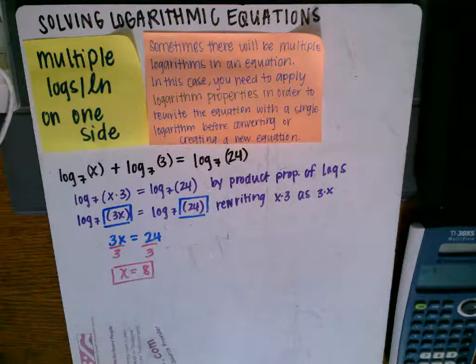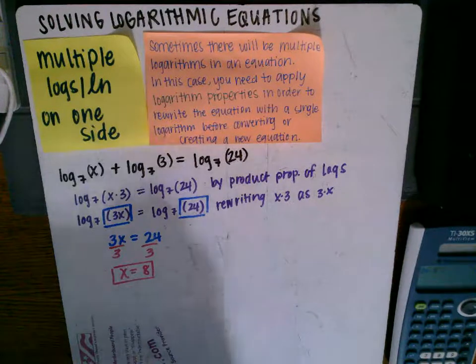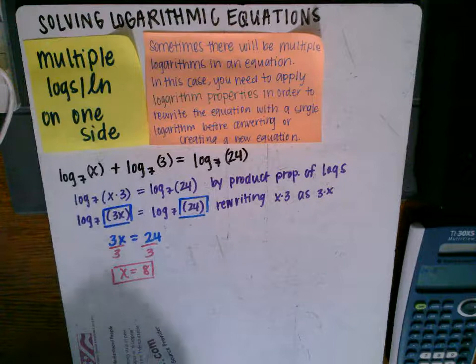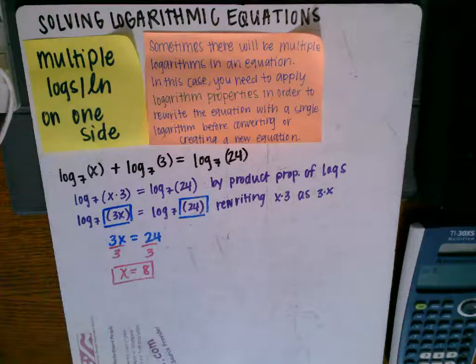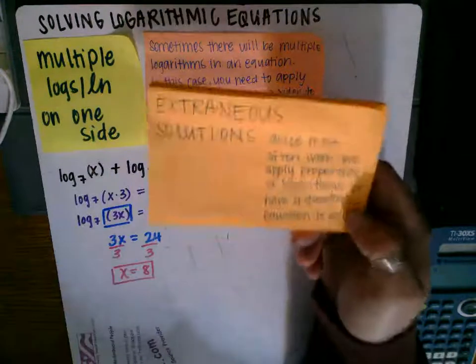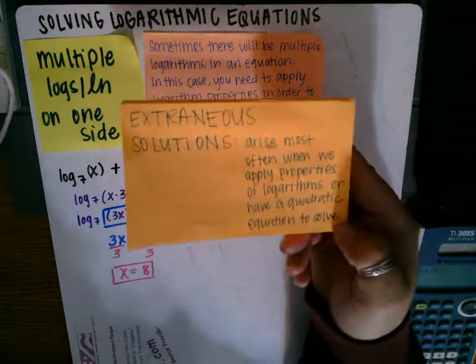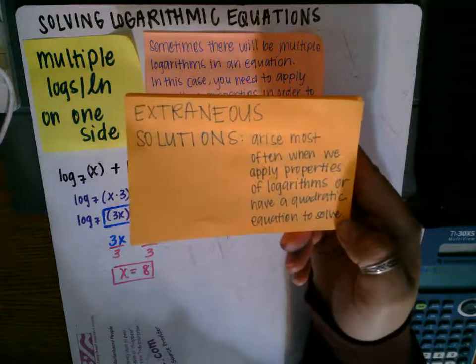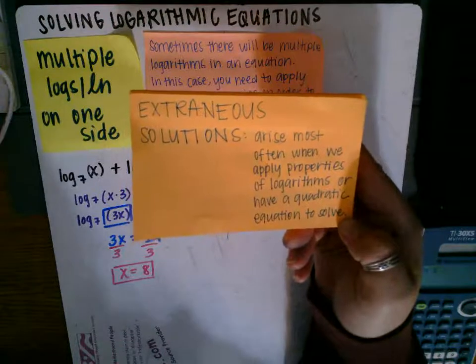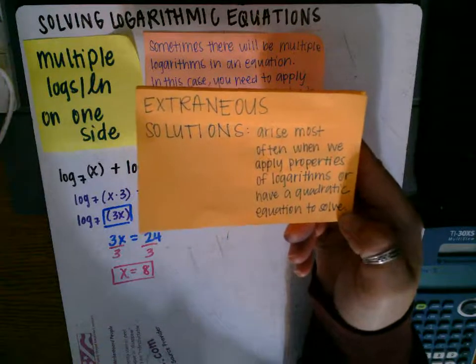Now remember, I'm going to keep bringing it up because it's important, all right? So there is a possibility that there may be an extraneous solution. It probably won't happen here, but remember, extraneous solutions arise most often when we apply properties of logarithms or have a quadratic equation to solve.